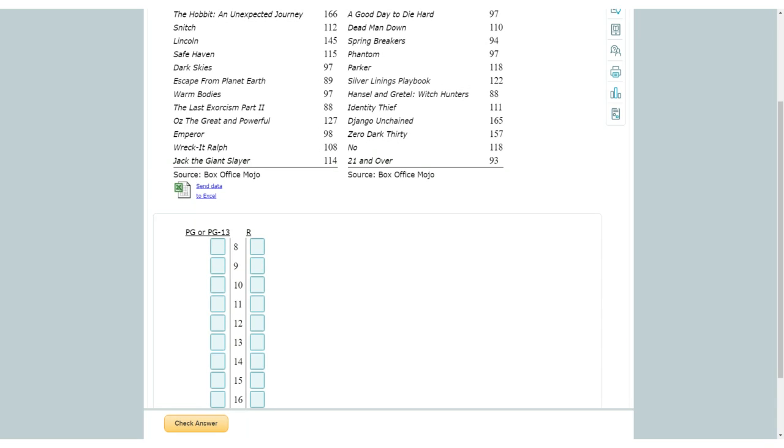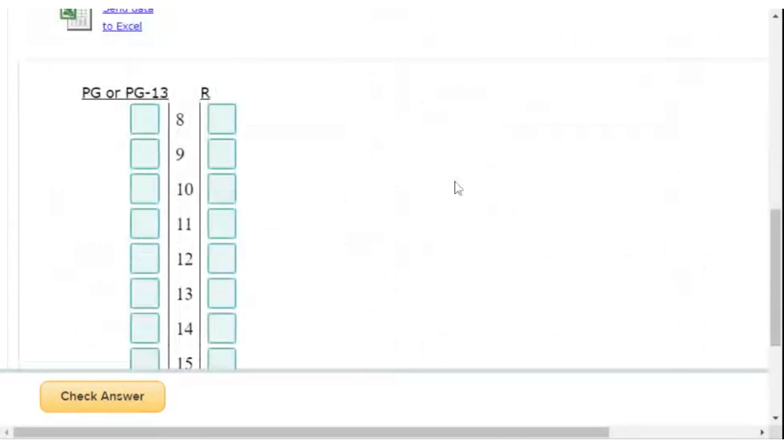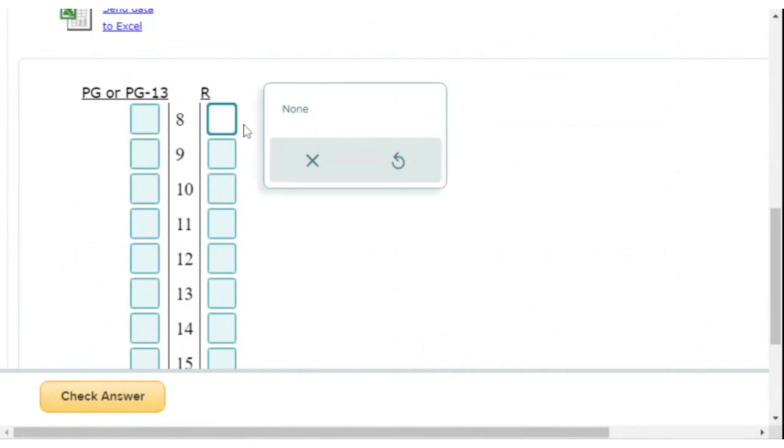All right, so what I'm going to do is just use what they've got here. Now, on the R side, we've got an 88 as the first one, so I'm going to put an 8 there.